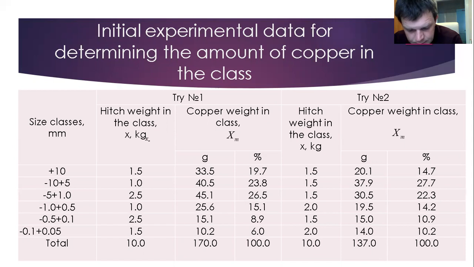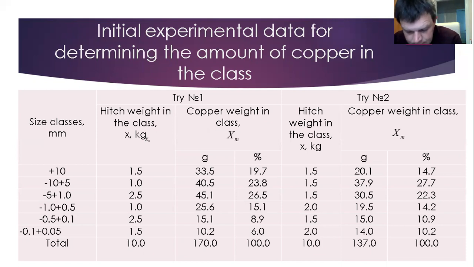Since after crushing, the output of the rock mass into each of the six places of sieving, where a vibrating screen was used, was different for each of the 10 samples, then to obtain a generalized characteristic, it is necessary to establish the regularity of the distribution of the rock mass output and the output of native copper by size.